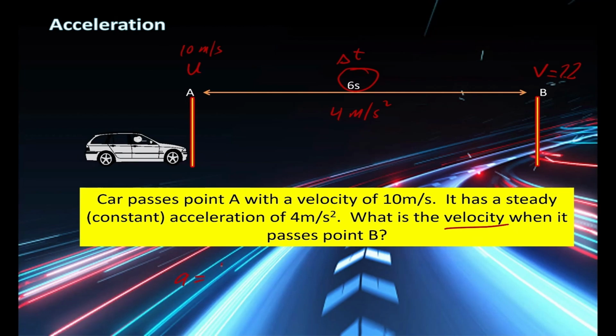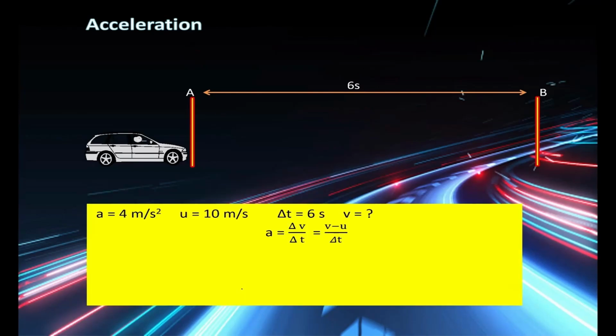Acceleration equals the final velocity minus the initial velocity over the time. Let's see the answer. Okay. From this, a is given, u is given, t is given. We need to get v.